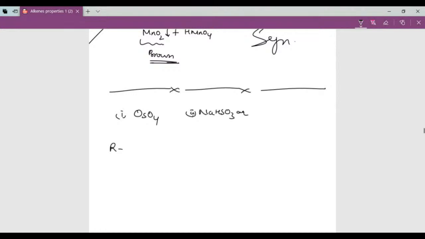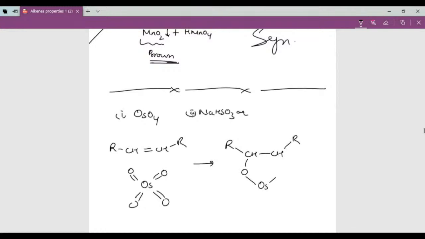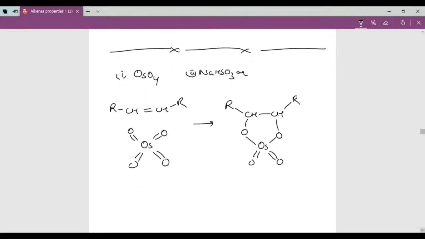Again, in the same way, it is also a syn addition. CHR, double bond O, osmium. I'm taking it from one side of the alkene. In a similar way, this type of cycle is formed.